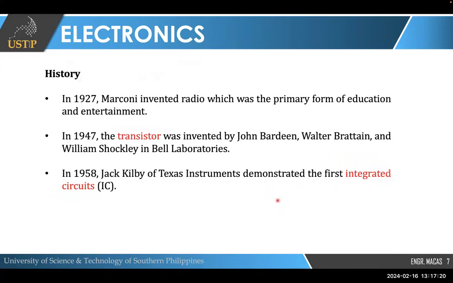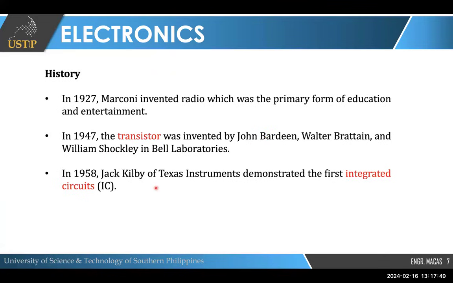So in 1897, Marconi invented radio, which was the primary form of education and entertainment. Then 20 years later, dito na din na-create ang transistor na yun, no? Invented by John Bardeen, Walter Brattain, and William Shockley in Bell Laboratory. So if you're an electronics engineering student or electronics engineers, kani nga mga inventors, medyo crucial ni sila sa development sa electronics.